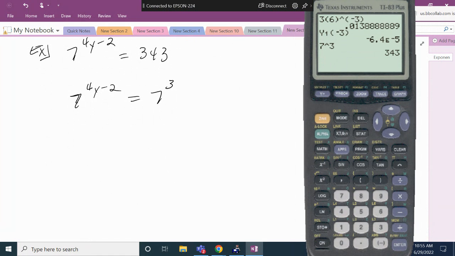I have like bases, so I can set my exponents equal. 4y minus 2 is equal to 7. Right, and we can solve. So I'm going to add 2 to both sides. 4y is equal to 9.